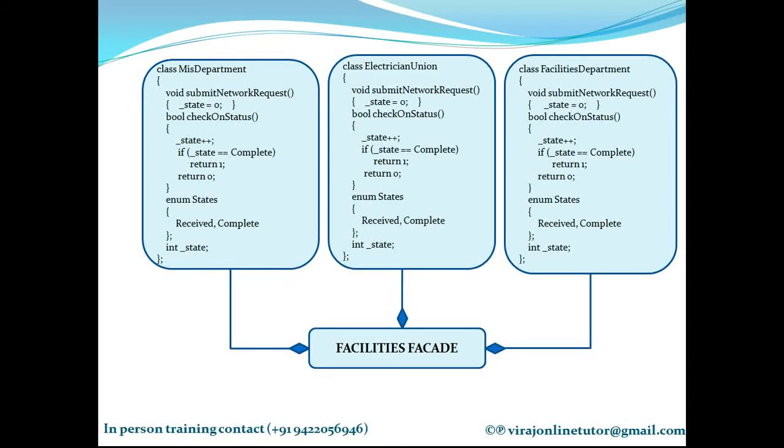The second type is opaque facade, wherein the clients can access the classes in the subsystem only through the facade. And the third is static facade, wherein the facade has no state. Clients call the facade without instantiating it.